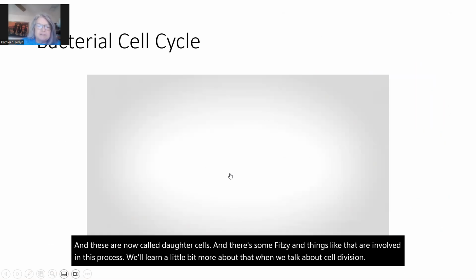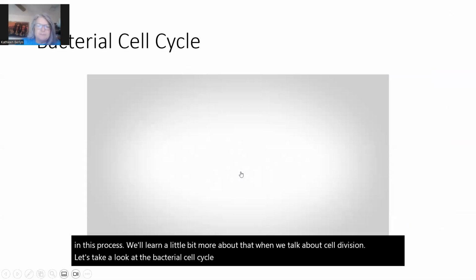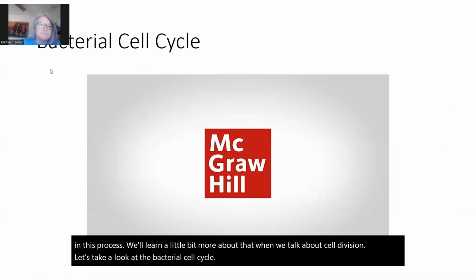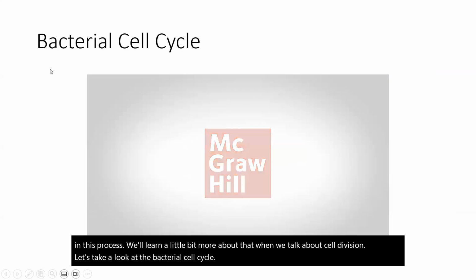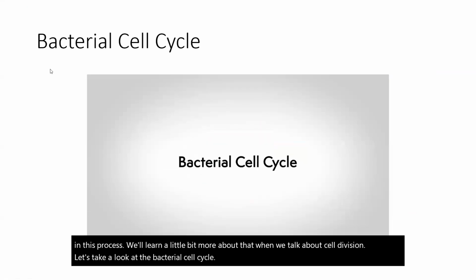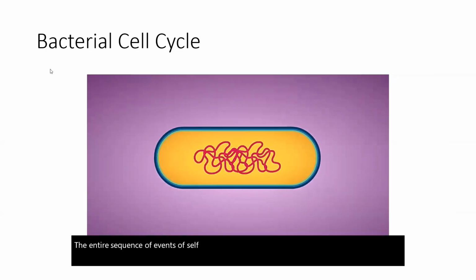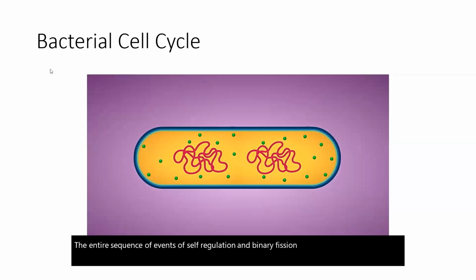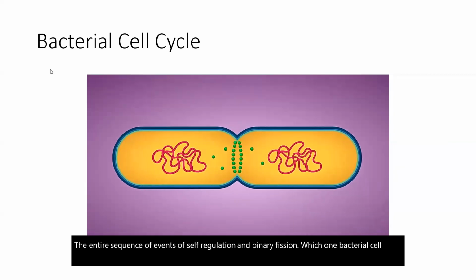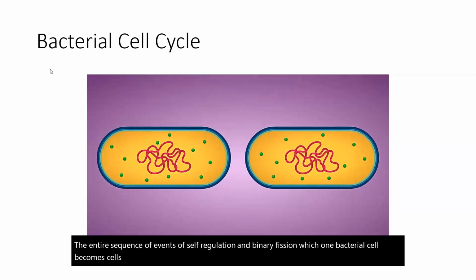Let's take a look at the bacterial cell cycle. The entire sequence of events of cell elongation and binary fission, by which one bacterial cell becomes 2 cells, is referred to as the cell cycle.